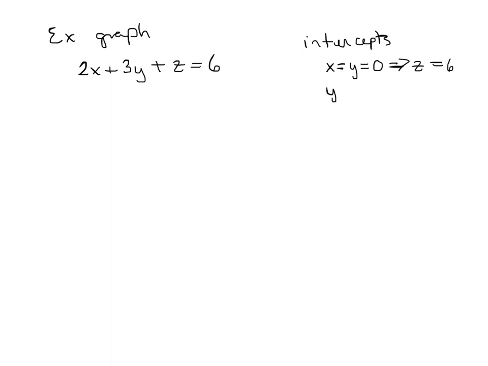If I set y and z equal to 0, I'd have to divide by 2, so x would be 3. And if I set x and z equal to 0, I think that's the only combination I haven't done yet, I'd have to divide by 3, so that would give me that y is equal to 2.